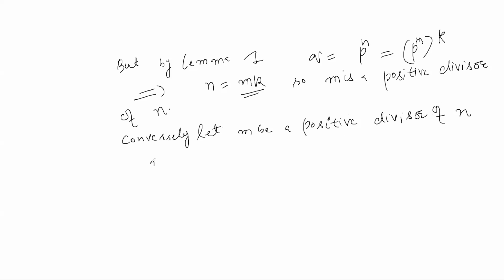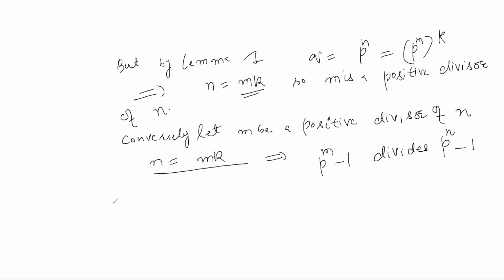That is, you can say that n is equal to mk, where m is positive. Then this would imply that p raised to power m minus 1 divides p raised to power n minus 1.